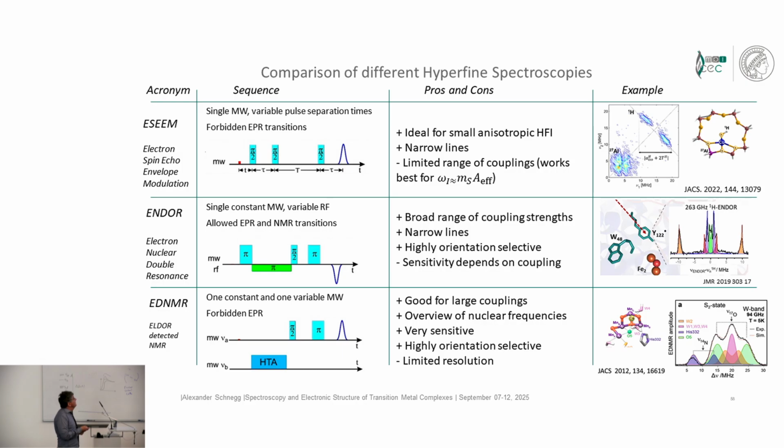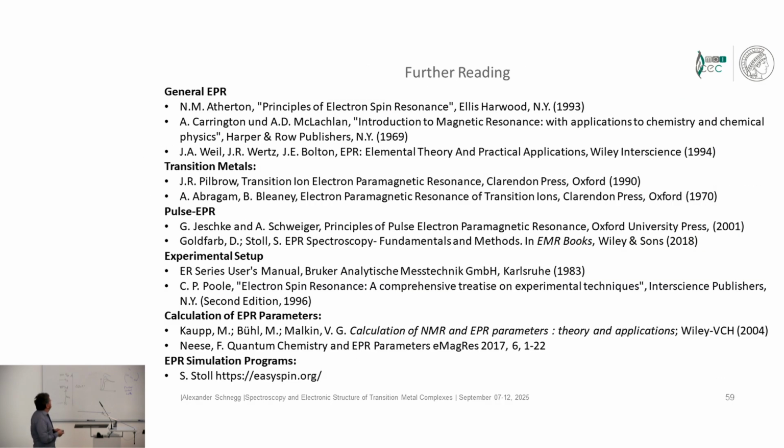These are only hyperfine spectroscopies. There are other pulse EPR techniques, and there are two books which, if you are interested in this and you would like to learn more about it, I can really recommend.